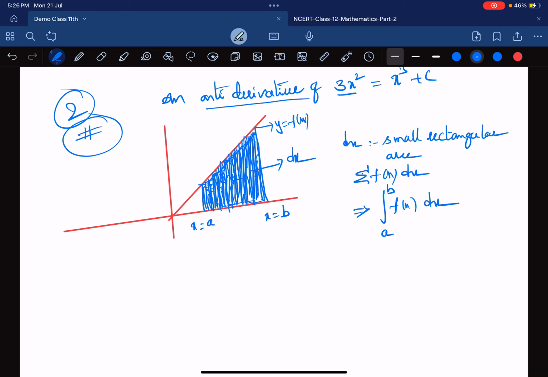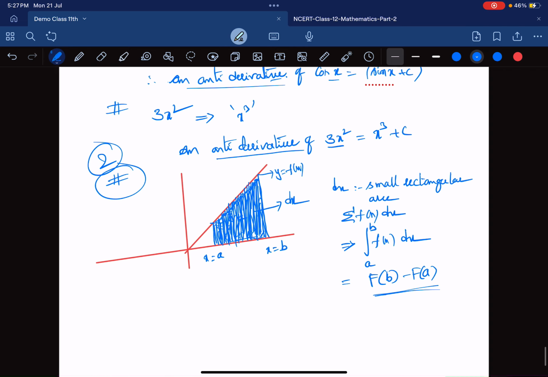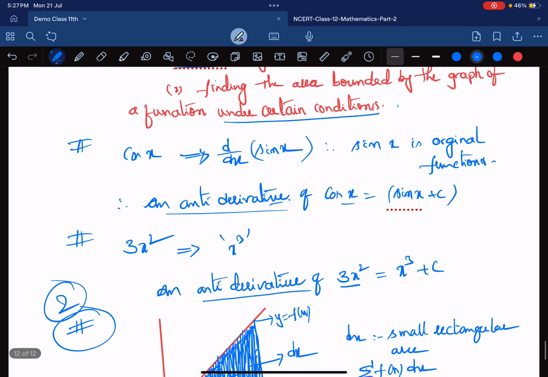There will be some minute area, that is f of b minus f of a. To find the area between the intervals, we use integration. So these are the two major applications of integral calculus.